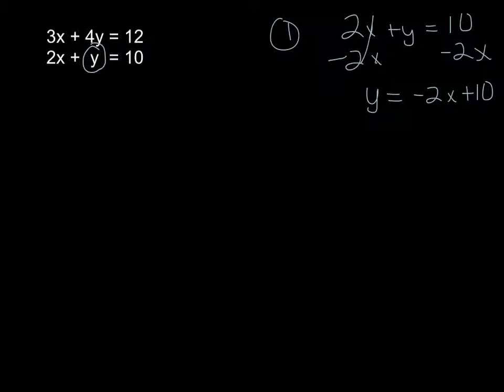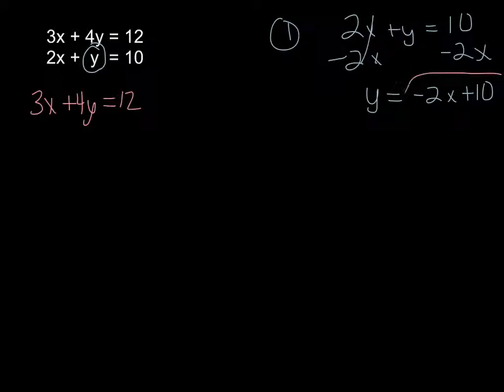Step 2 is to take that and substitute it into the other equation. So the top equation up here, the 3x plus 4y equals 12, is the one I'm going to substitute into.